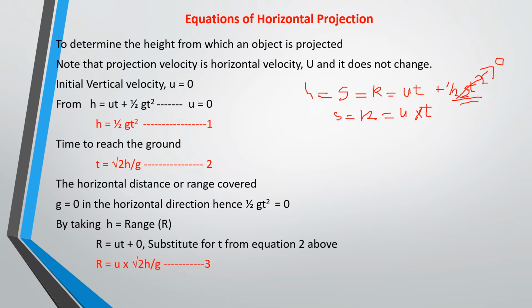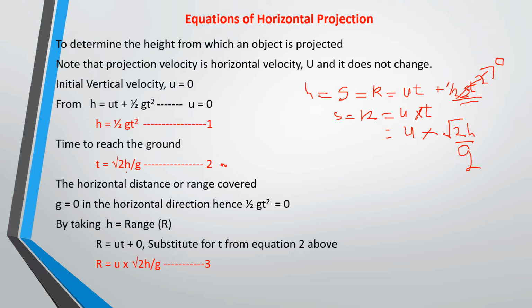We know that from this second equation, t is given to be this, so we substitute for t from this second equation to get u times the square root of 2h all over g.